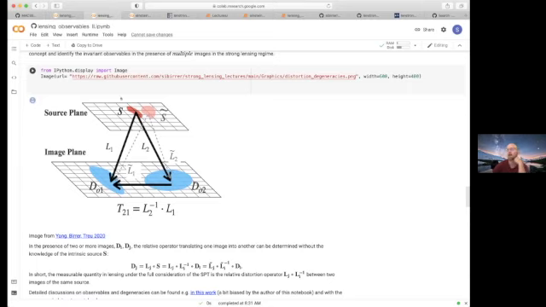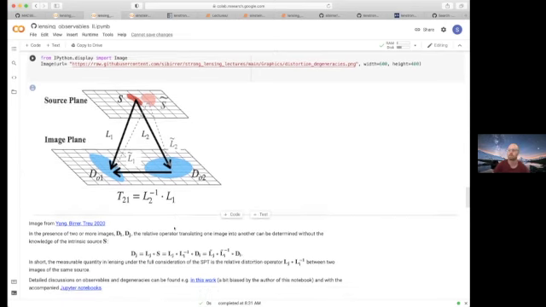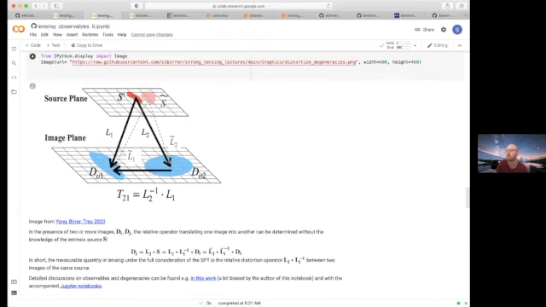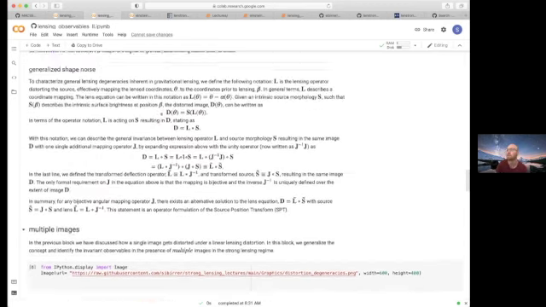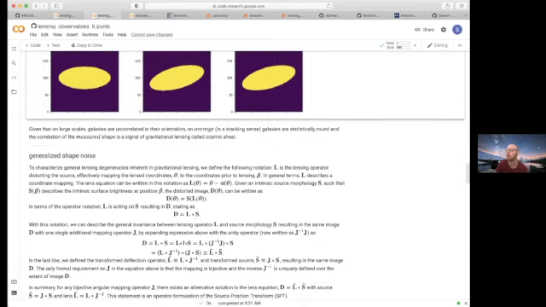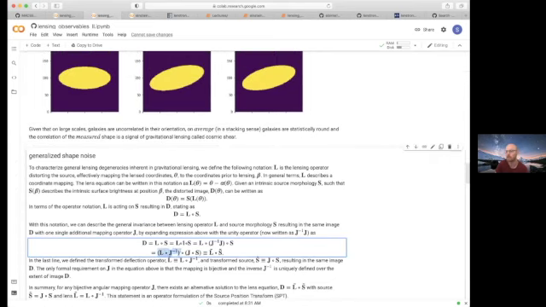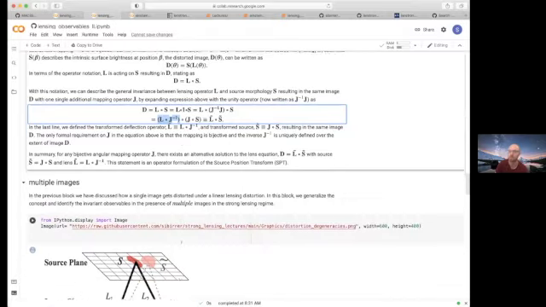So a mapping between the sources needs to correspond to a mapping in the inverse in the lensing kernel to get the same image.